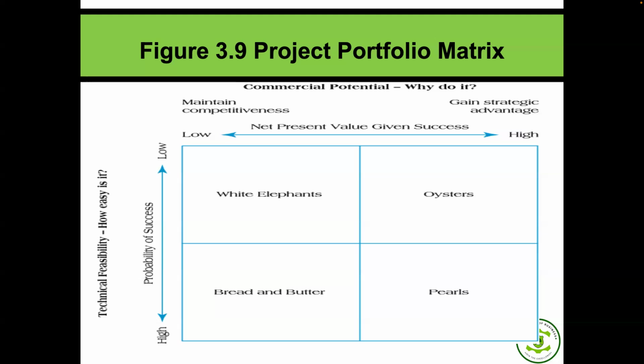Then we have the bread and butter. For the bread and butter, commercial viability is what? Low. But probability of success is high. Can someone give us a practical example of this? Value, low. Success, high. Bread and butter project.